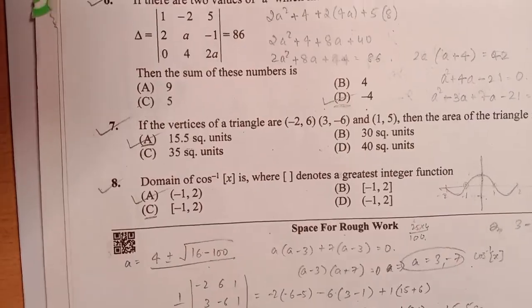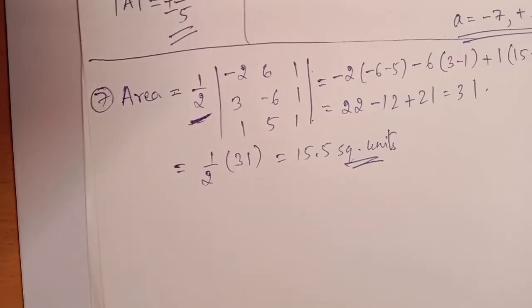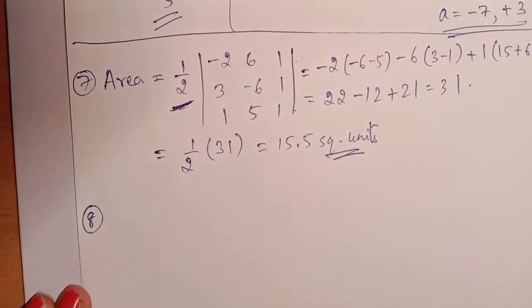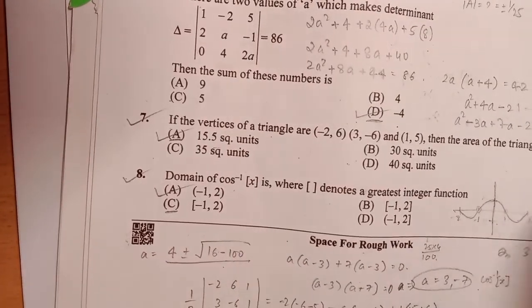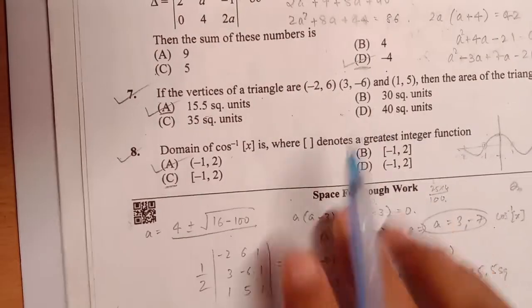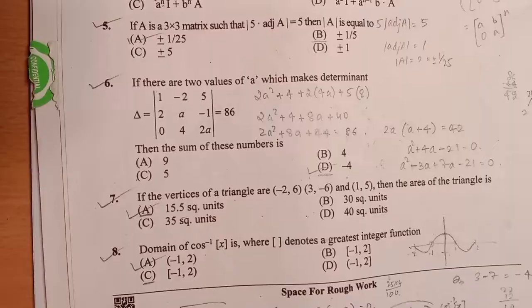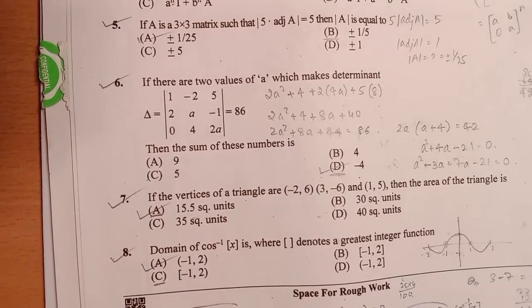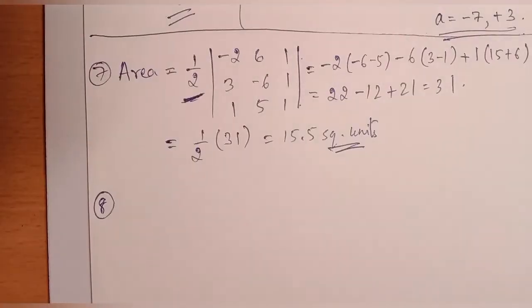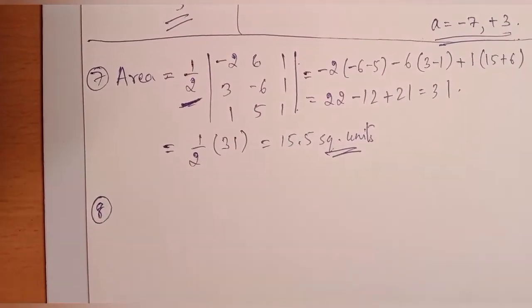Okay. Now moving on to the next question, 8th one. Domain of cos inverse of x is, where this denotes a greatest integer function. You know what a greatest integer function is, right? So let me draw the graph.